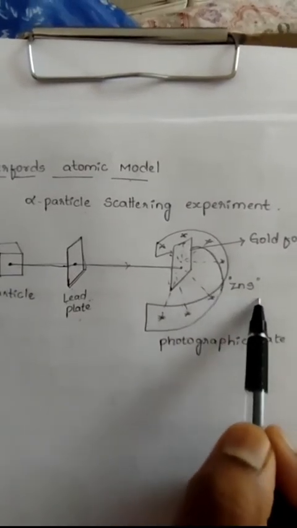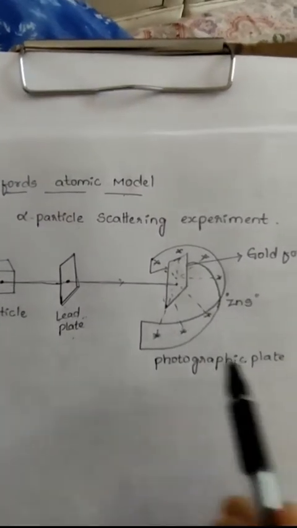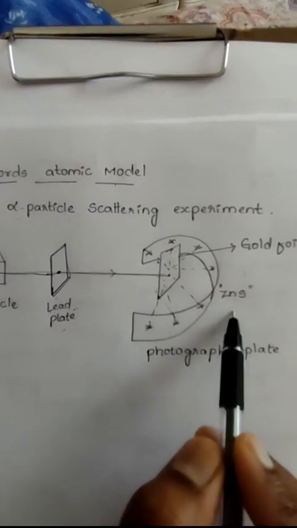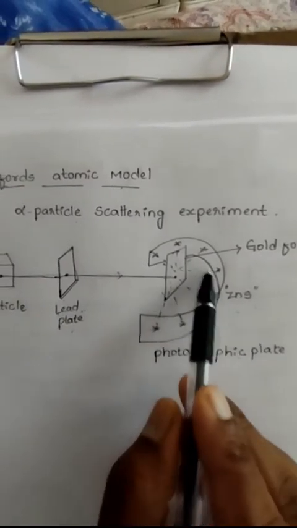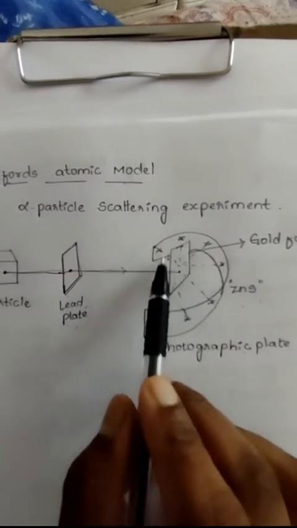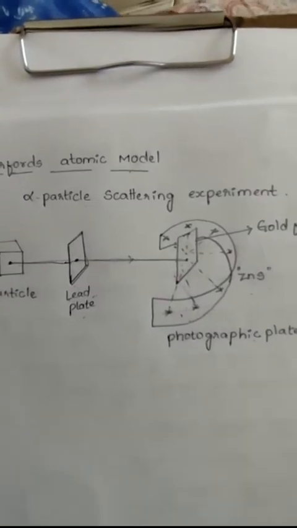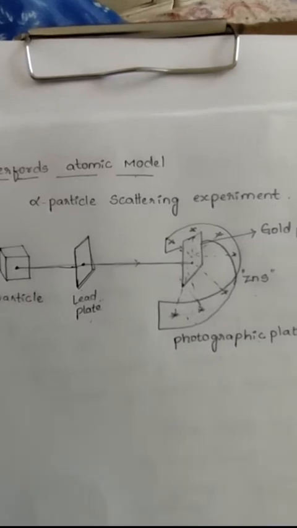This zinc sulfide is a fluorescent or phosphorescent material. When the alpha particle strikes this zinc sulfide, we can observe a bright spot. These observations led to the discovery of the structure of atom.